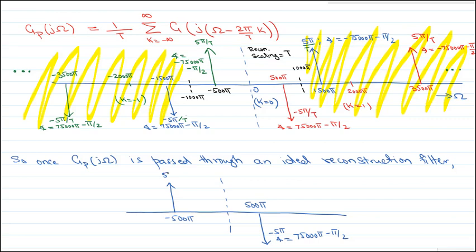Similarly, magnitude here will be 5 pi and phase will be equal to minus 75,000 pi minus pi by 2.